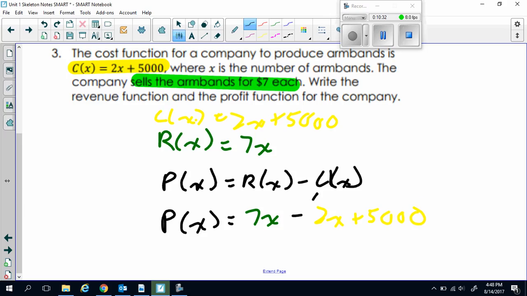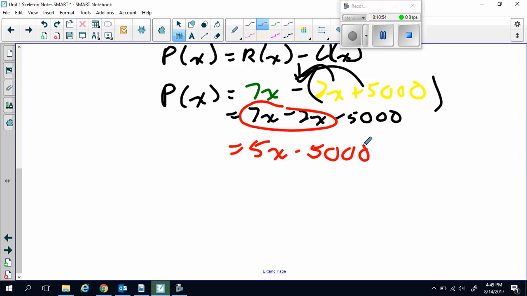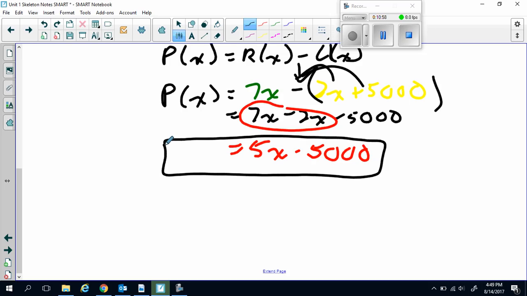But that's in parentheses. Why? Because it's after this minus sign here. So we need to distribute that minus sign to both of those. So that gives us 7x minus 2x minus 5,000. So we only have these two terms right here that we can combine. So it's going to be 5x minus 5,000. That is our profit that we would earn right there. We don't know the number because we don't know the number of armbands.